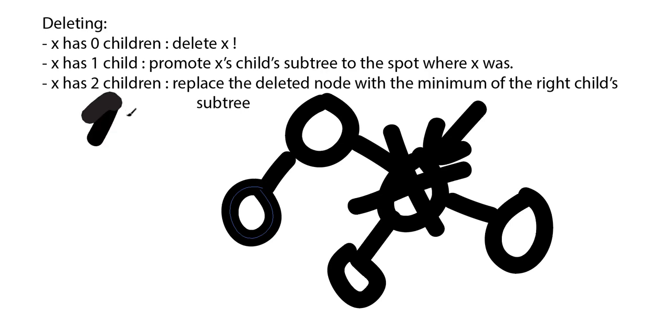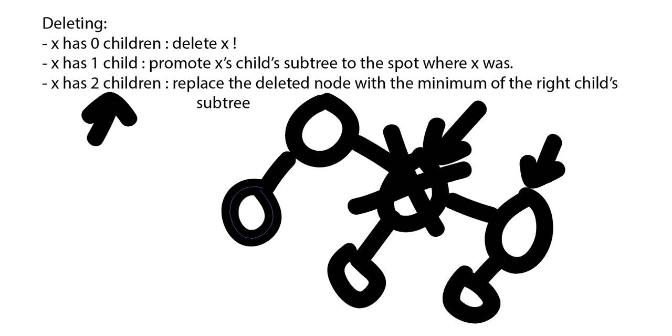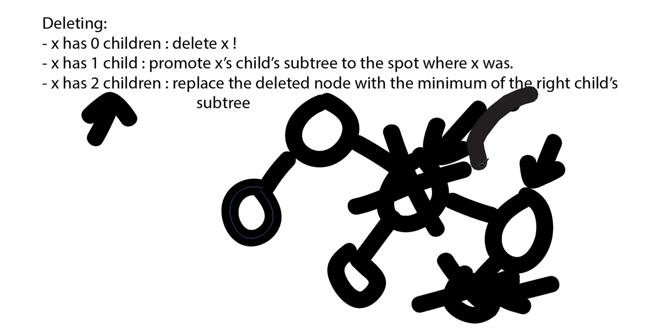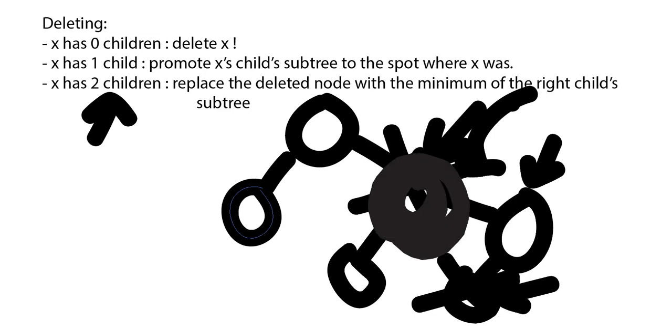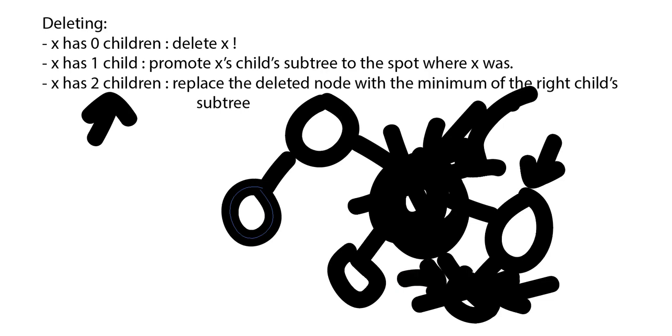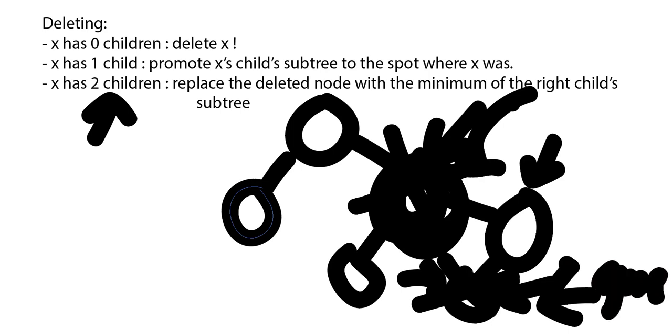Well, according to this, we replace the deleted node with the minimum of the right child's subtree. So this is the right child, and let's say it also had a left child here. So this is going to be the minimum in the right child subtree, and we take this, we delete this here, and we put it here. And now this thing is replaced by this. So now this is gone from here, gone. So it's gone from there, and now it's over here.